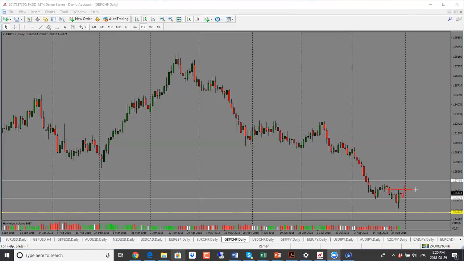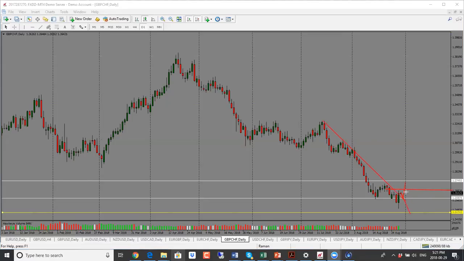But one thing to keep in mind is if it doesn't break the 1.2660 level, then it could go back down here as well, because overall bias is still to the downside and we have that downtrend going on.